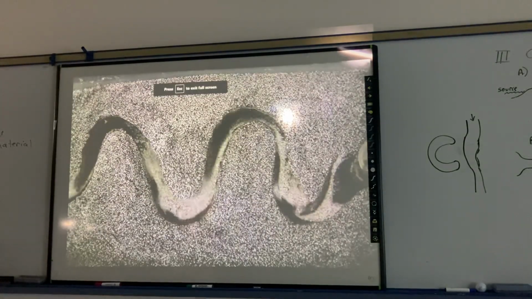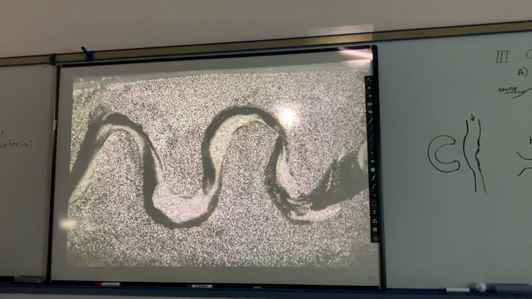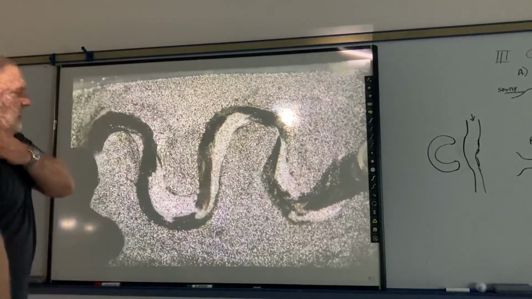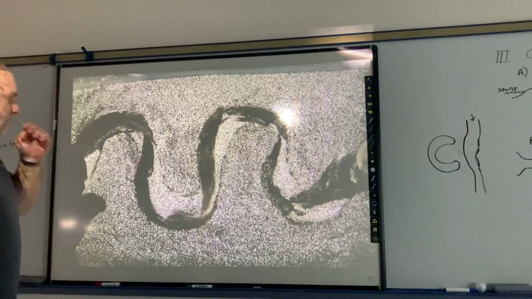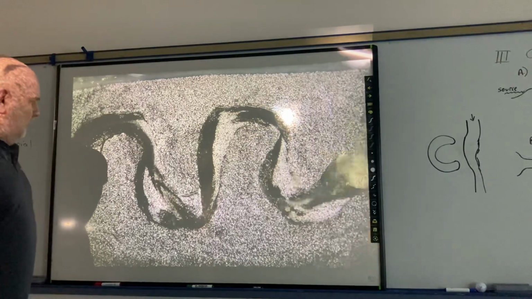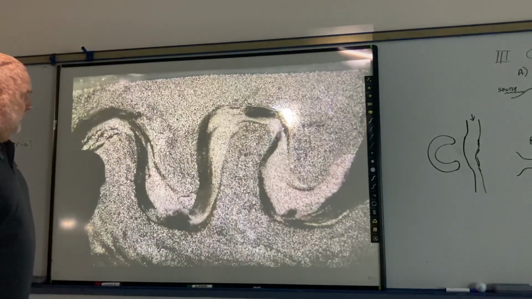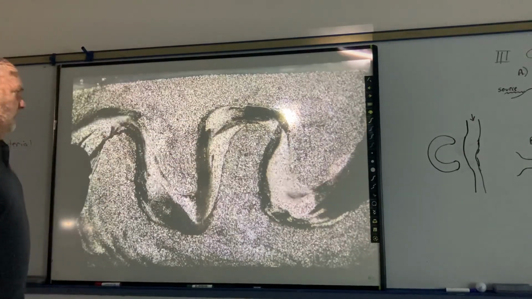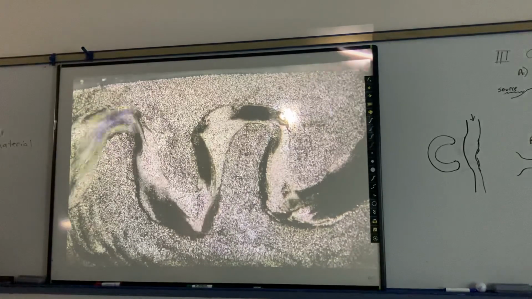All right, so this is another stream table setup, with some sand. But you can see as the river's bending, going around the bends here, that it's eating away some areas better than other areas here. So you can see right there, it's eating back. And we'll watch this for a little bit.